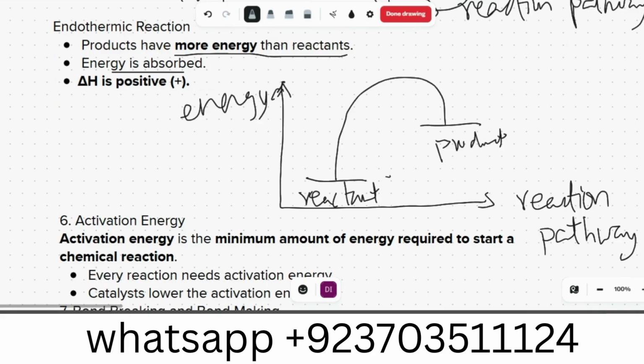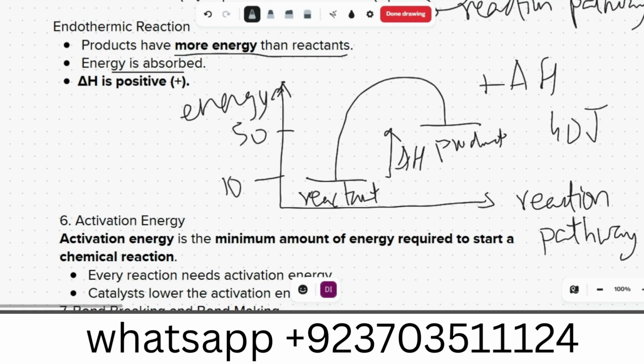You can see that much energy has been gained by this reaction, so delta H is positive because energy is absorbed. For example, here the energy is 10 and here the energy is 50, so 40 joules of energy has been absorbed, so that is positive.